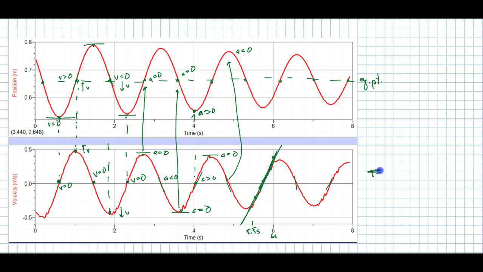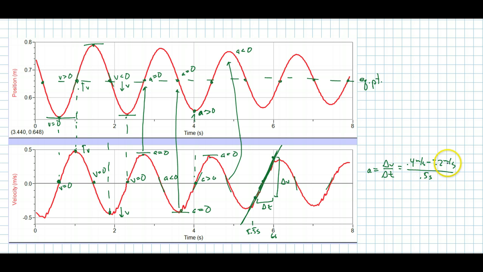So my acceleration is the slope of that line, which is the change in velocity divided by the change in time. That's my rise over run. So the final velocity looks like it's about 0.4 meters per second. The initial velocity was negative 0.2 meters per second, and the time that it took for that to happen was half a second.